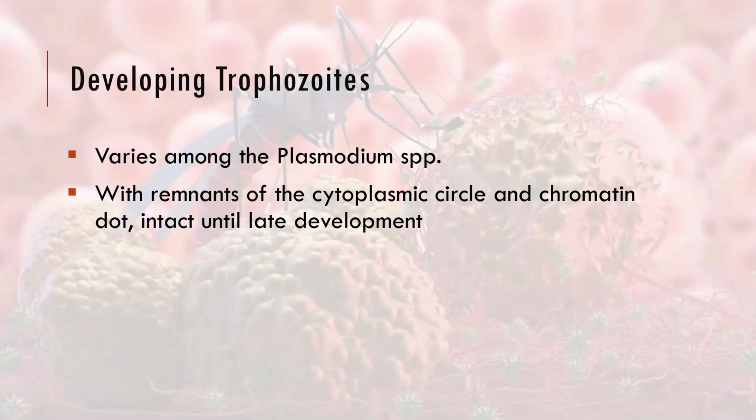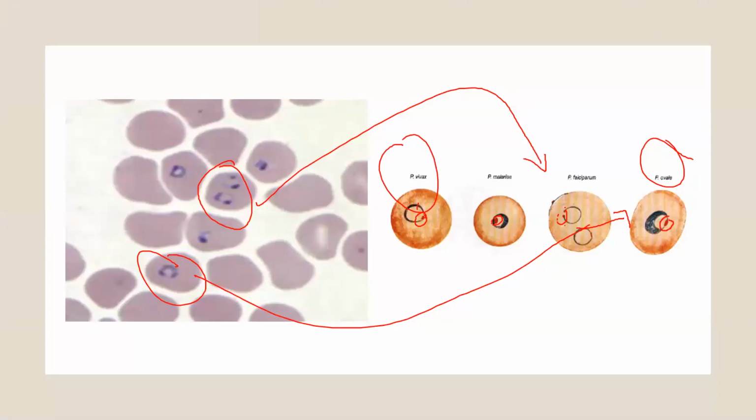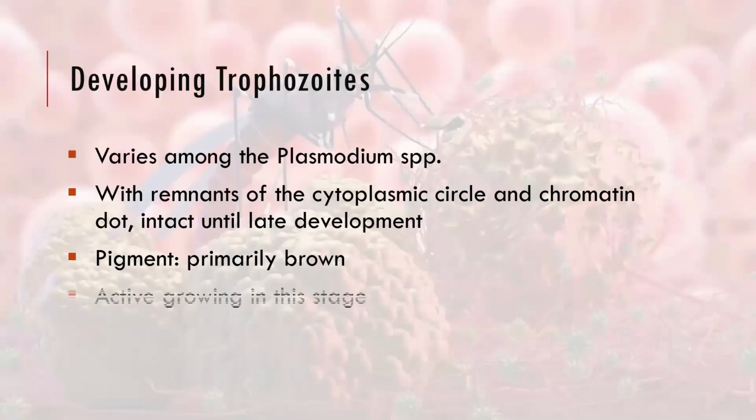Why? If we go back, the ring form is just like this, a ring form inside the red cell. But with developing trophozoites, the invasion is almost the full red cell. And that is your developing trophozoite.